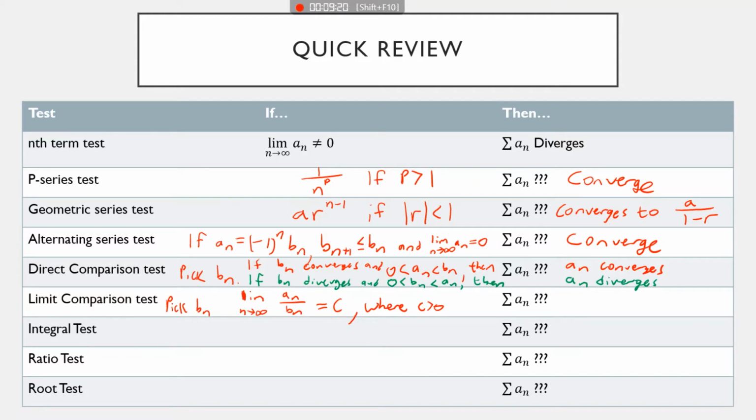It converges. Close. Conditionally converge. Closer. The convergence or divergence of a to the n and b to the n are the same. So if b to the n diverges, then a to the n will also diverge. If b to the n converges, then a to the n will also converge.